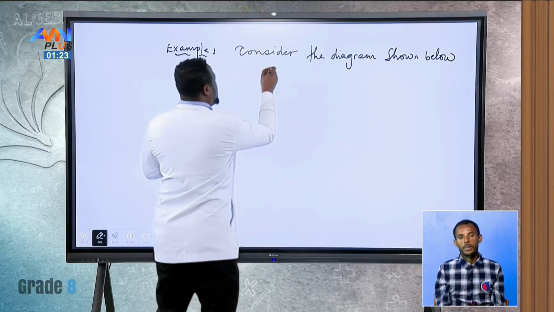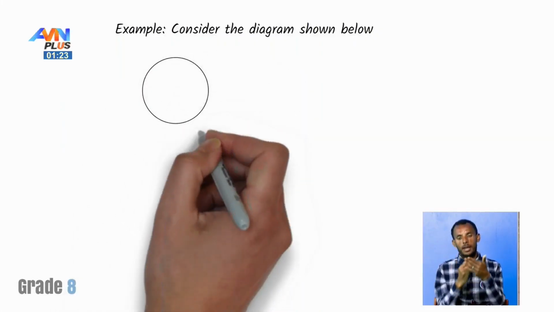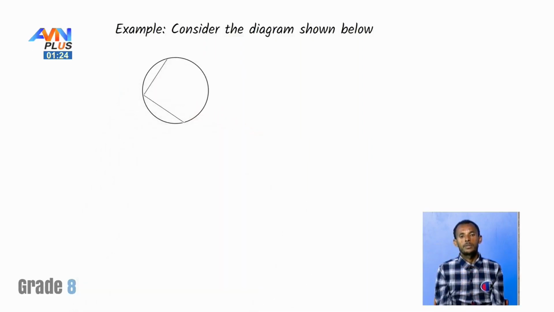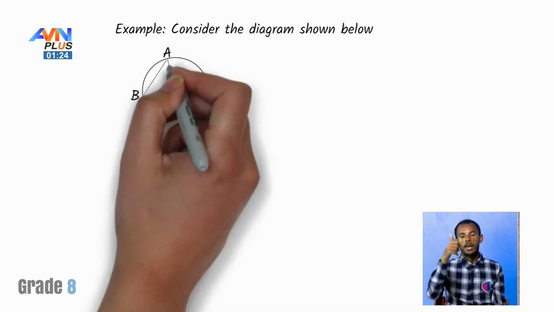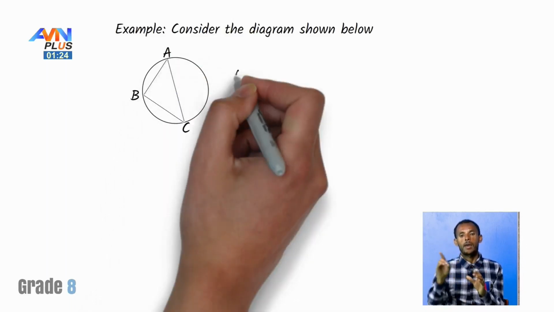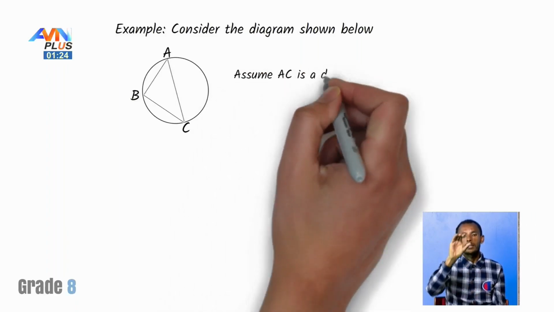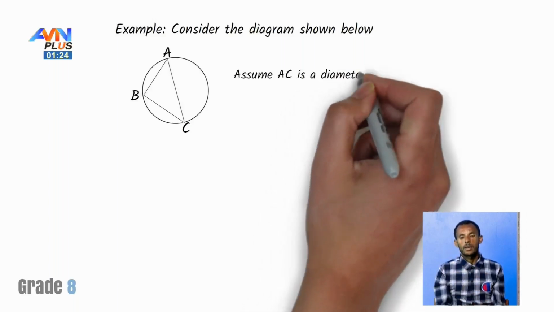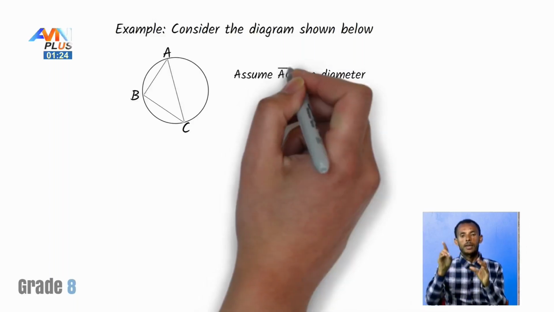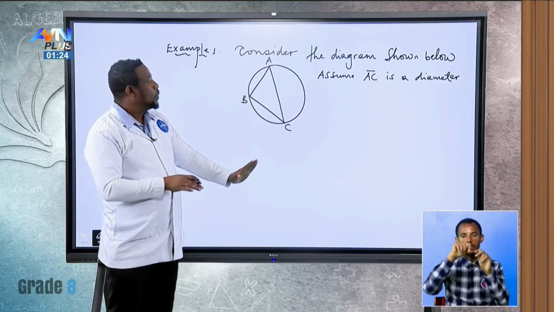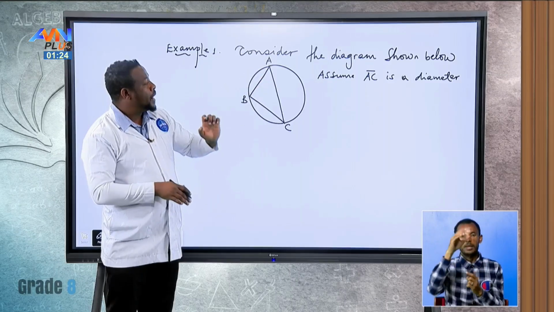Okay, consider this diagram: a circle together with some chords intersecting at points A, B, C, and assume AC is the diameter. Okay, you have here a certain inscribed triangle with the condition AC is a diameter.